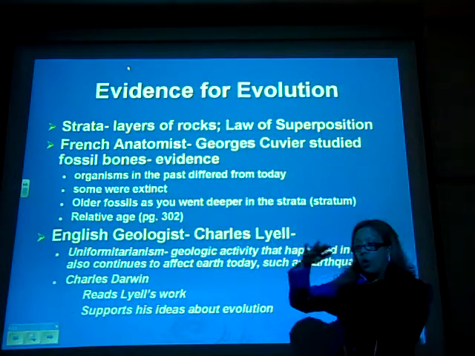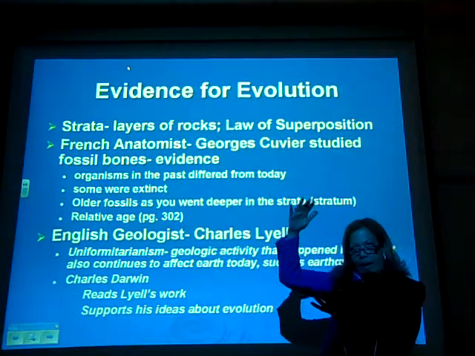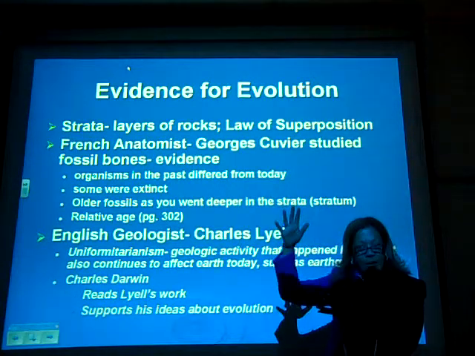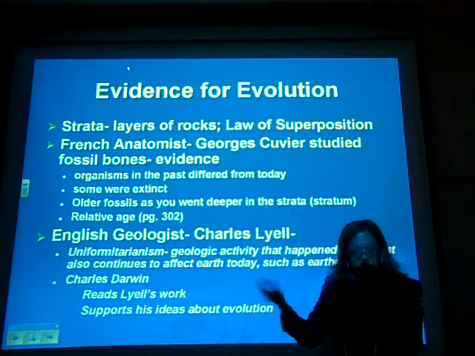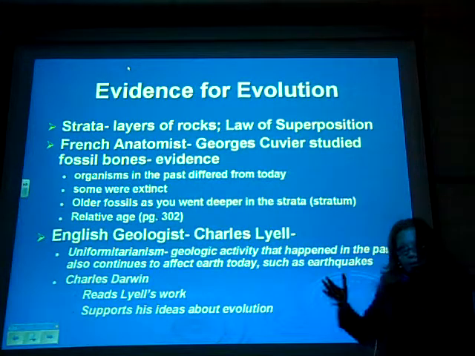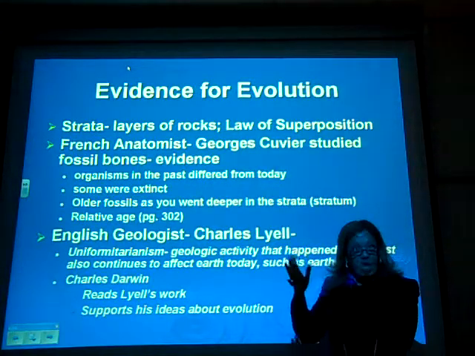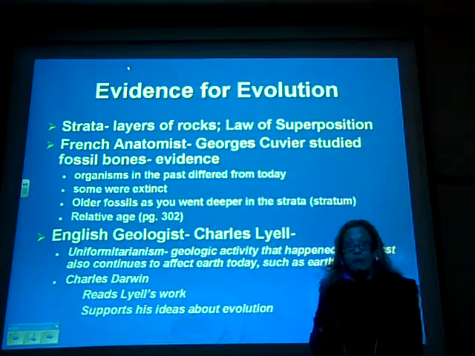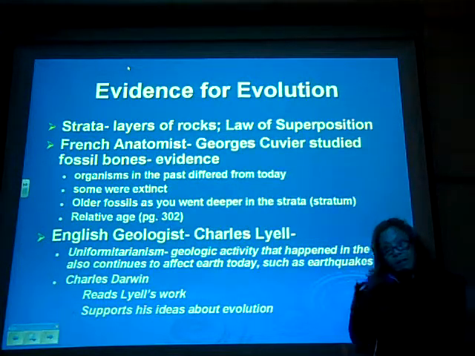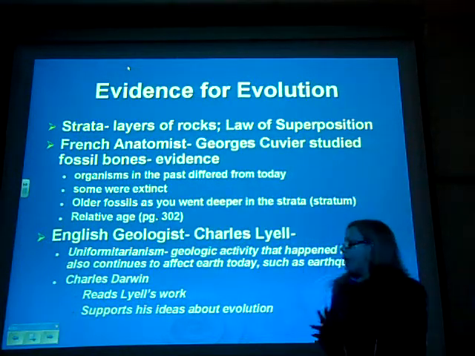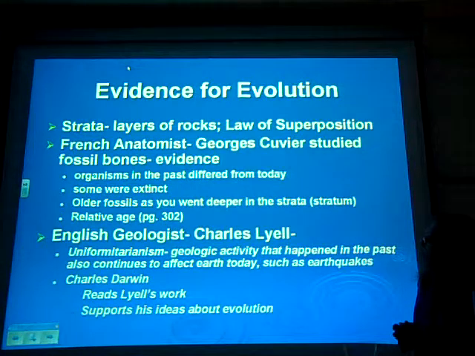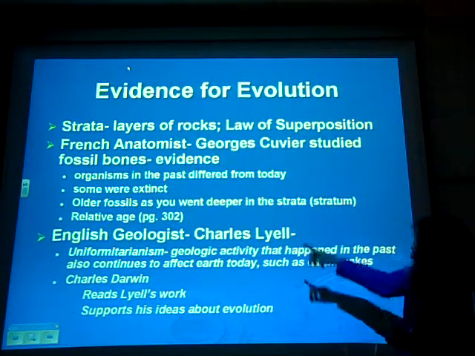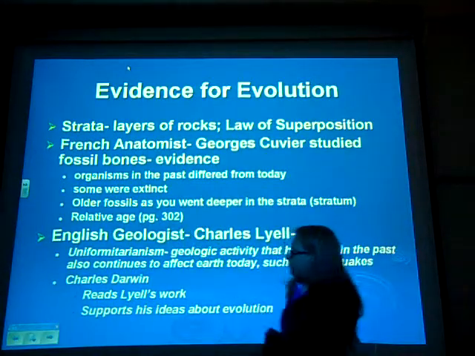As you go further up the strata and find other organisms, fossils, we can see that some of these organisms have changed. By looking at these fossils, you can see their age based on the age of the rock. And when we do that, that is called looking at the relative age.